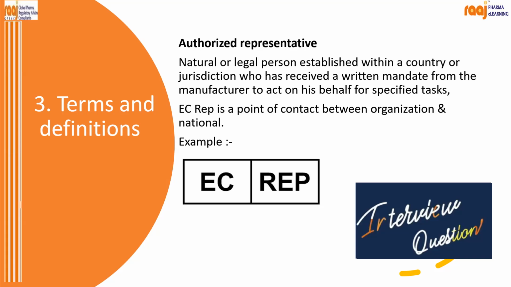The person who is locally available in Europe or US and acts as our agent or representative is a mandatory requirement whenever you want to register and sell your product in those markets. He will be the point of contact to the National Health Authority. That is called EC rep.